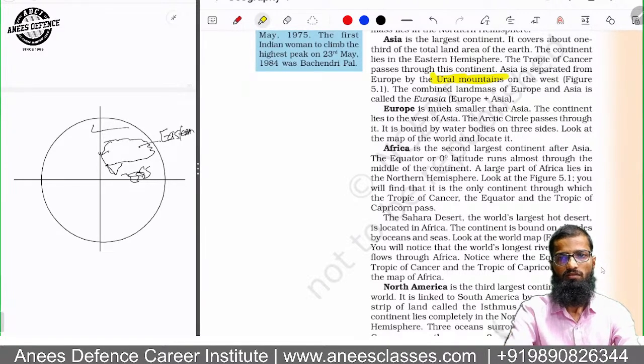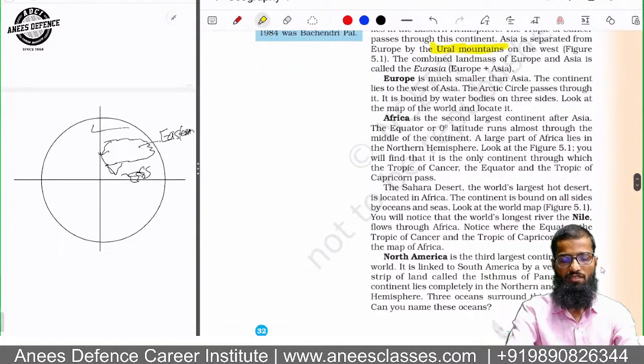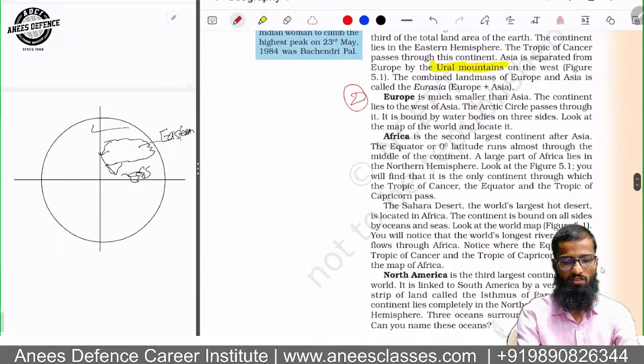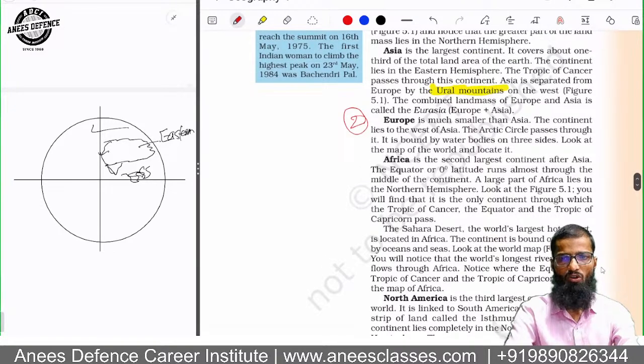So Europe, this is the second continent which we are trying to learn. The first was Asia, second is Europe. Europe is much smaller than Asia.